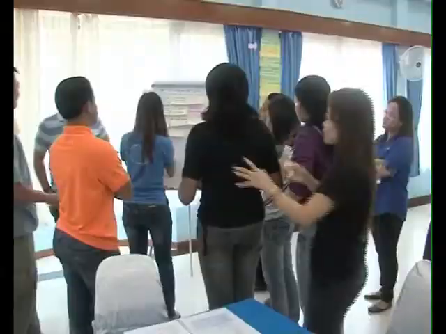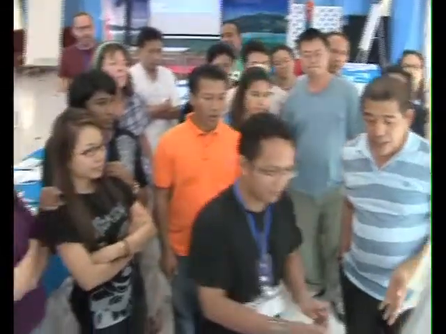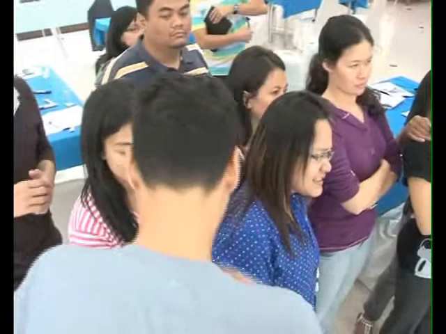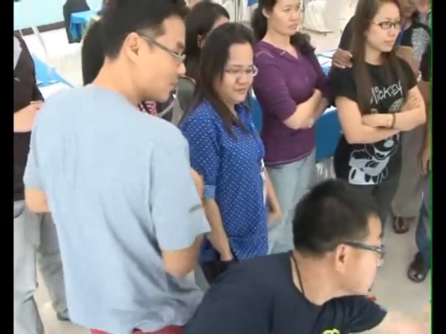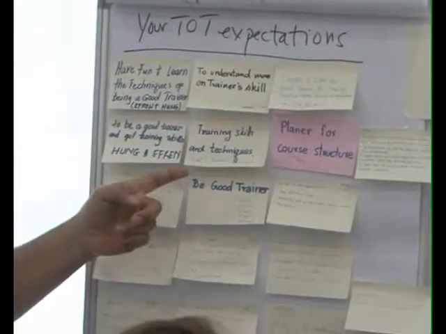Are all posted here? So we can see what our expectations are from this TOT. So there is an expectation of having fun and learning the techniques of being a good trainer, on the trainer's skills, training skills and techniques.